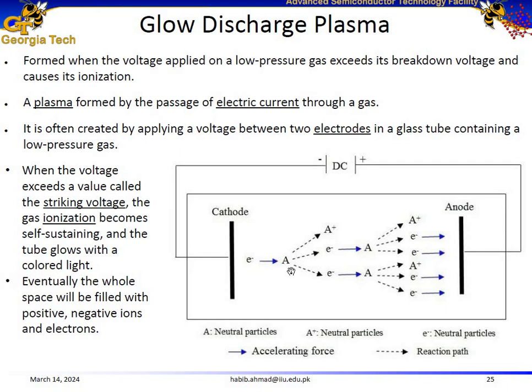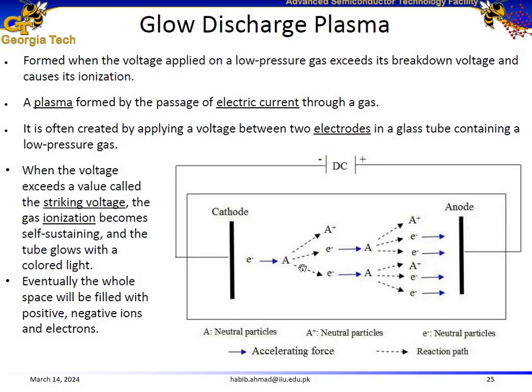and these high energy electrons strike the neutral atoms and molecules, knocking off secondary electrons from these neutral atoms, resulting in ions. And then these electrons further knock off more electrons from more atoms and molecules.